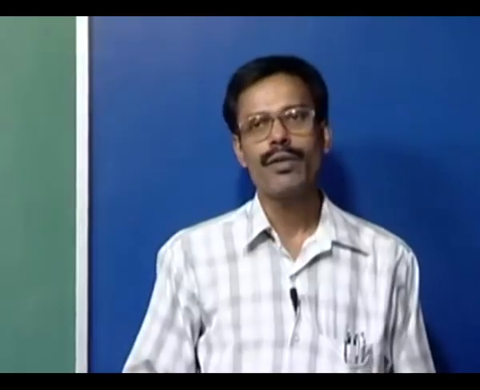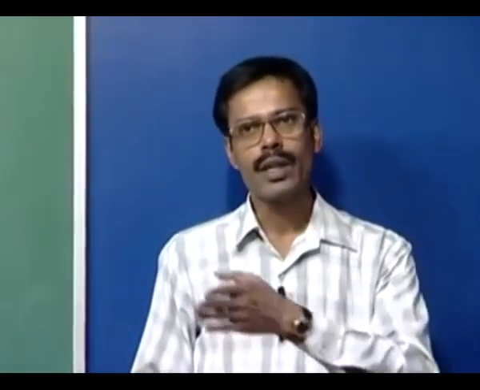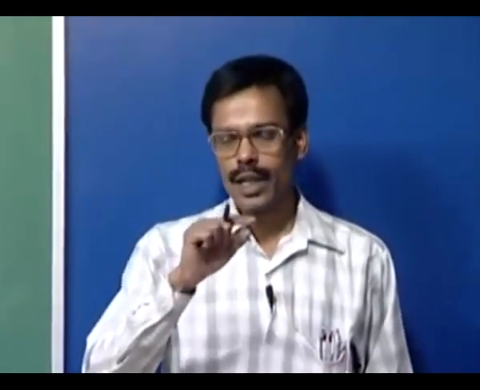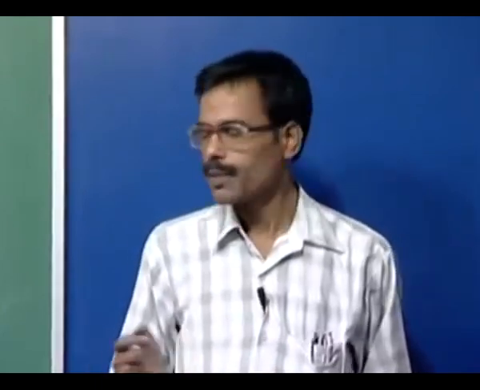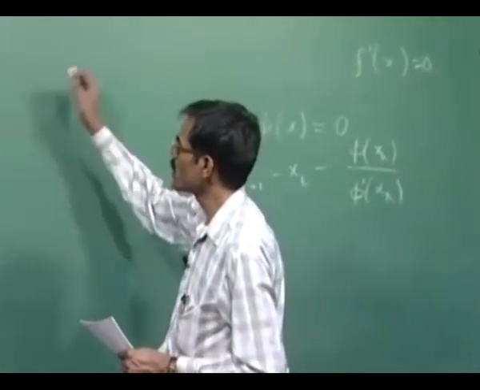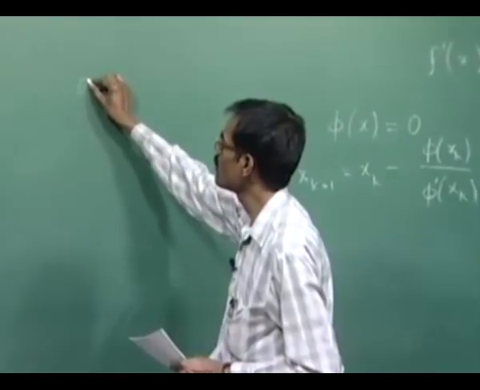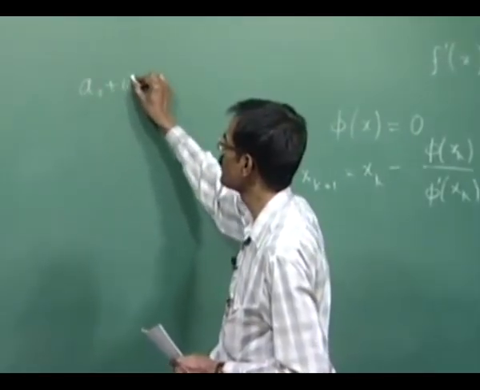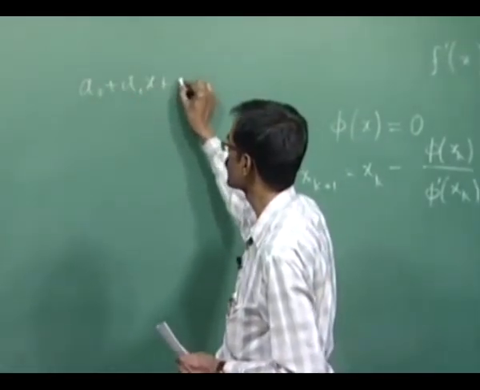And with these 4 conditions, we can fit a cubic function in the local neighborhood. That is, for the local neighborhood, we can approximate the actual function by a function of this kind, a cubic fit.